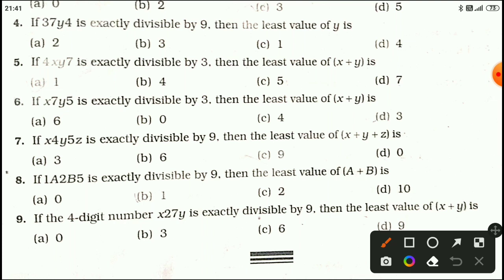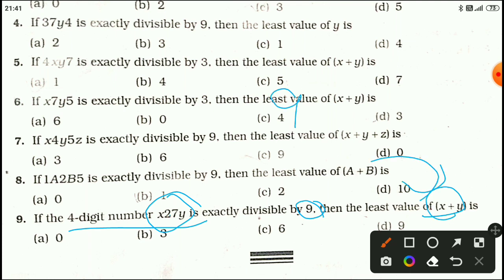If a 4-digit number is exactly divisible by 9, find the least value of x plus y. This is as easy. 7 plus 2, we are getting 9. But it is also saying it is a 4-digit number. If I add 0, I have already explained in the previous questions that it will be a 3-digit number, so we have to make it 4-digit and keep it the same without changing its meaning.